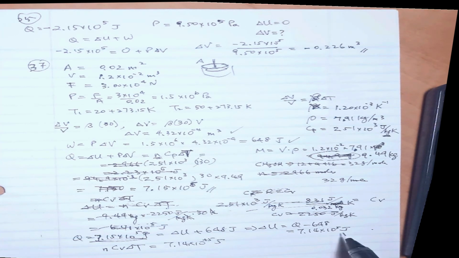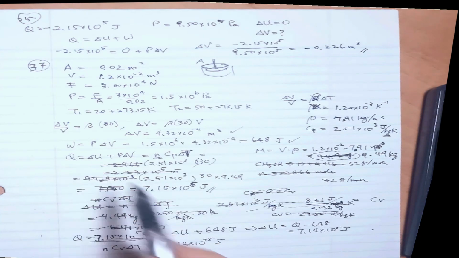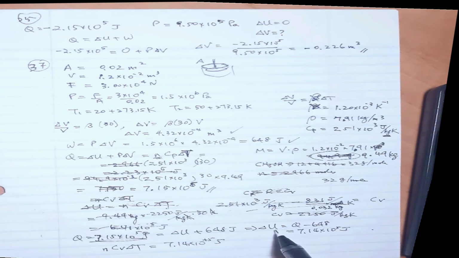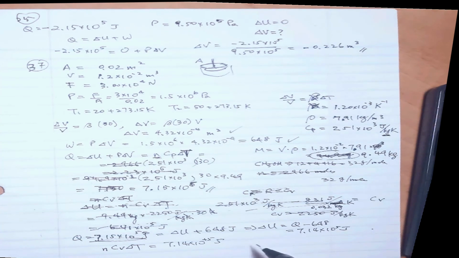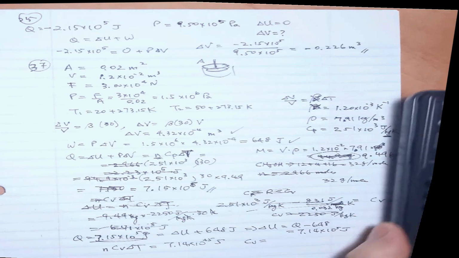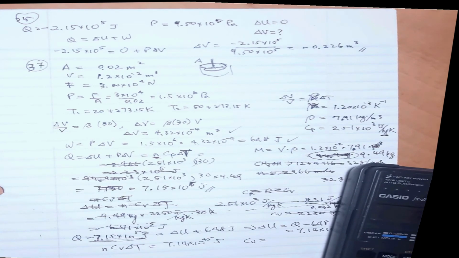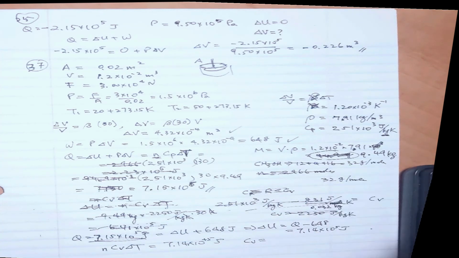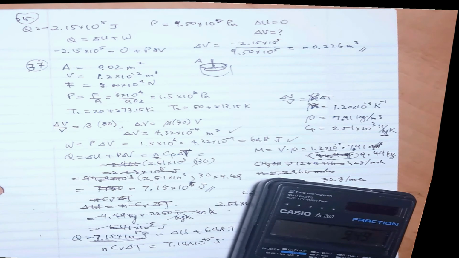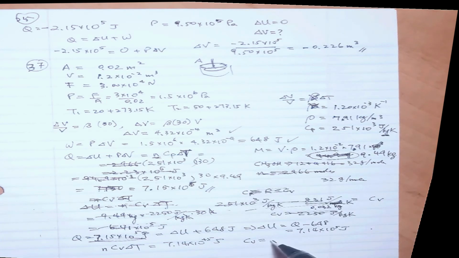That is what it's supposed to be, by subtracting the work done from the heat. But now if you divide this to get Cv, you get 7.14 times 10 to the 5th divided by the change of temperature of 30 and divided by the mass of 9.49 kilograms. I get a Cv of 2.509 times 10 to the 3 joules per kilogram Kelvin.